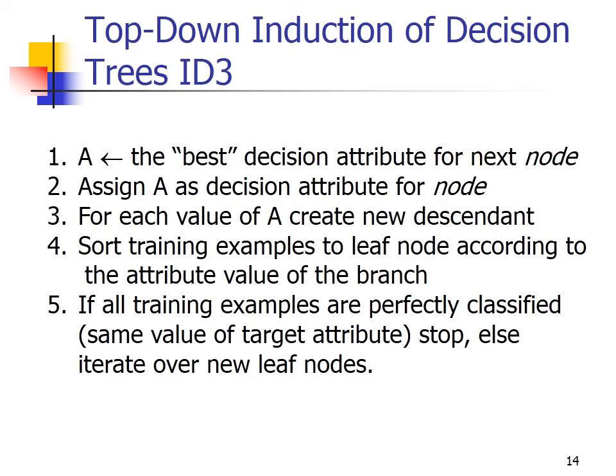The rest of the attributes are again calculated for the information gain, and whichever is having the highest value will take the new node. Like that, node by node, the decision tree is built. ID3 is used to build decision trees.